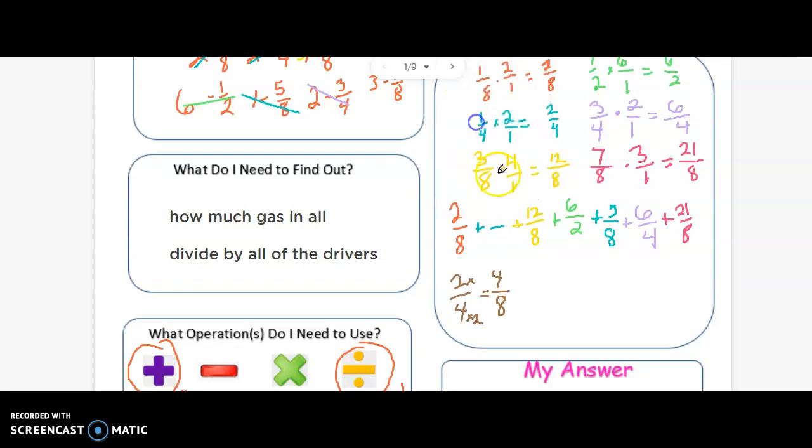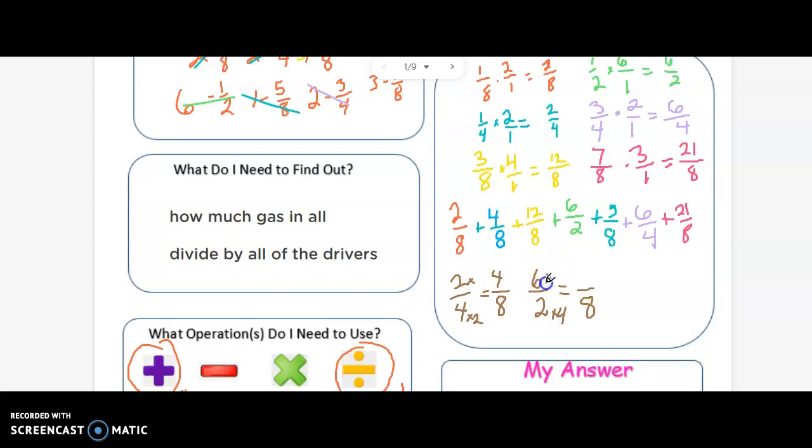Let me make 6/2 an equivalent fraction with 8 as my denominator. So to get from 2 to 8, I multiply 2 times 4.